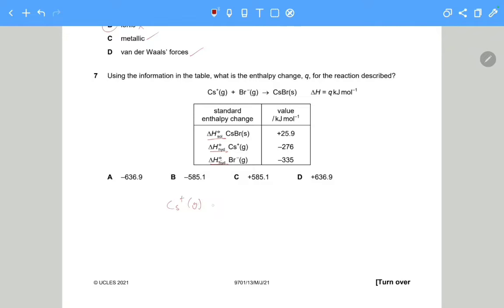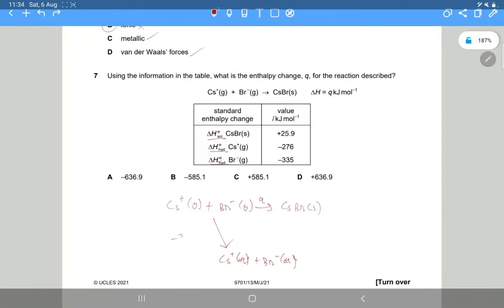Cs+ gas plus Br- gas gives CsBr solid, and Q is the enthalpy change. And then when we dissolve these ions, what we get is the enthalpy change of hydration. Remember, dissolving ions in their gaseous state to give aqueous ions is enthalpy change of hydration, which gives us Cs+ aqueous plus Br- aqueous, right?